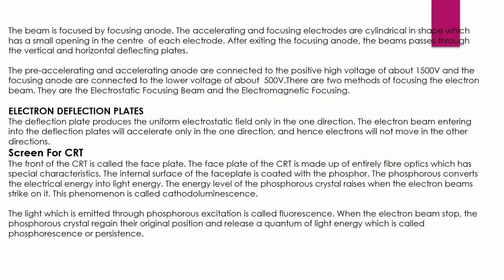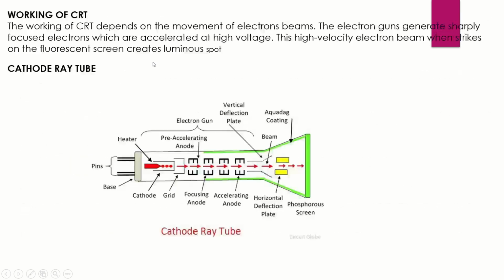The beam is focused by the focusing anode. The accelerating and focusing anodes are cylindrical in shape with a small opening in the center of each electrode. After exiting from the focusing anode, the beam is passed to the horizontal and vertical deflection plates.